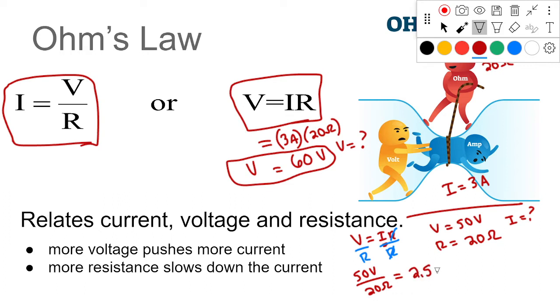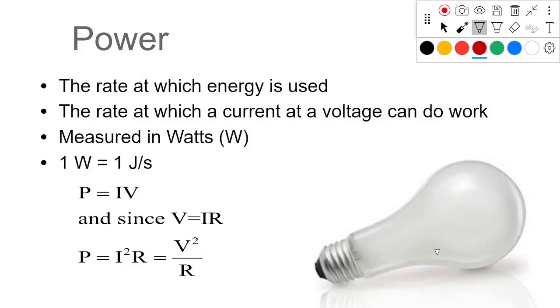A stronger resistor means less current. And all three of those are tied together. So that's kind of fundamental to understanding electricity and how it works and what's going on with the circuit. We talk about the power that something is using.